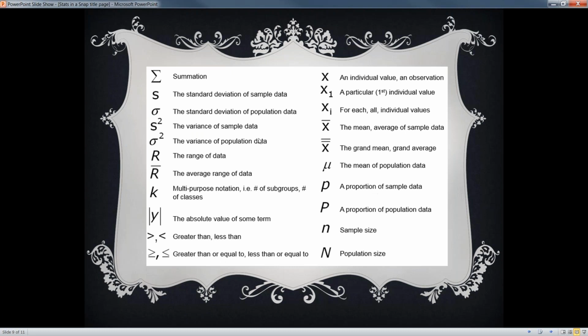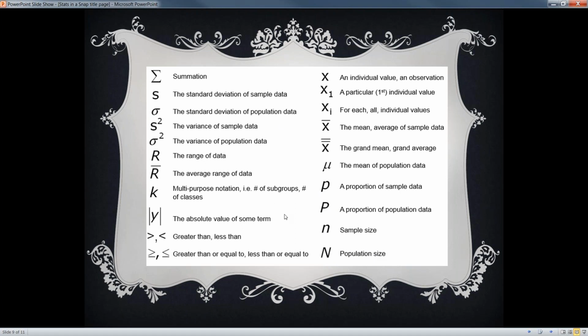As you can see, some of these are a little bit off. Here's a P, it's the proportion of population data, but a little p is a proportion of sample data. So yes, P is a Latin character, but typically then they'll capitalize them. N is the population size, but little n is the sample you're pulling out of the big population.